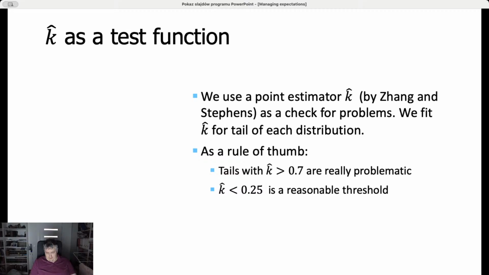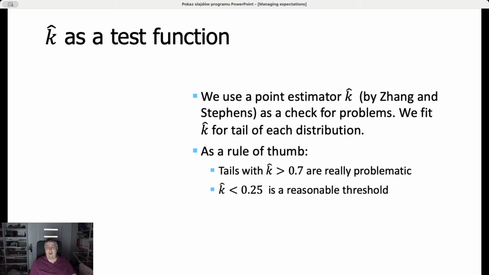Generally, as long as k hat is less than 0.25, everything is okay. It can be negative, it can be 0. It is okay. We have no problem. Sampling will work and everything will estimate nicely.